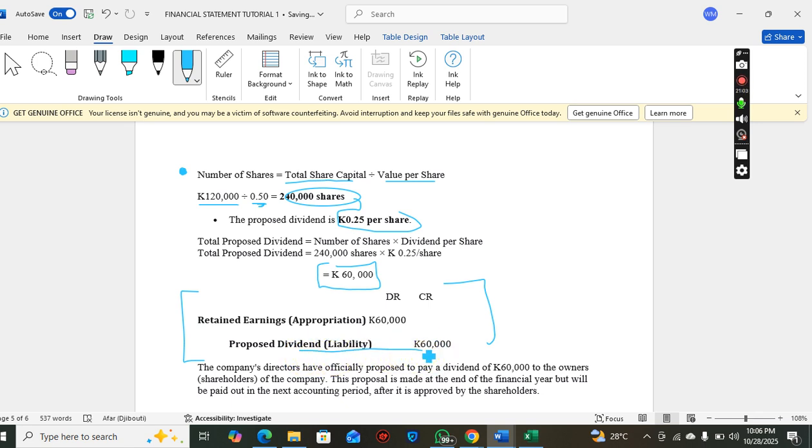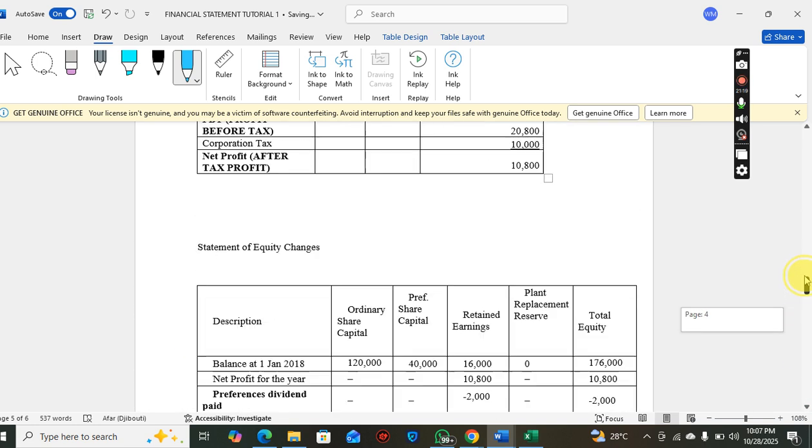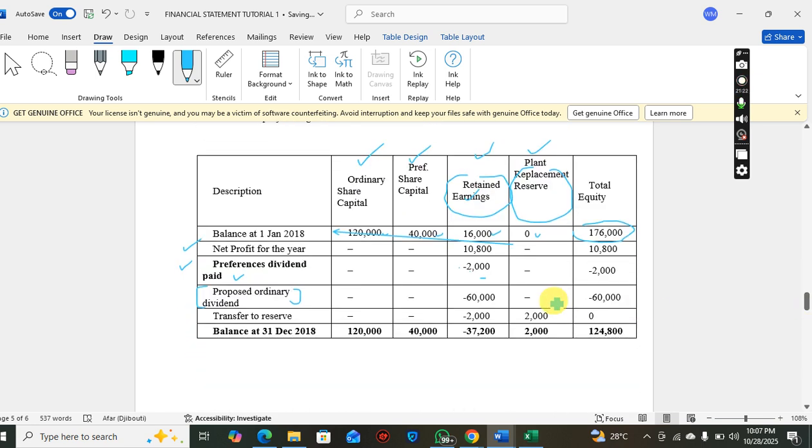It's just been proposed, so we treat it as a liability. So this 60,000 which we're proposing to pay the shareholders is coming from our retained earnings account here. As I've said, minus 60,000 here. We're taking it out from the retained earnings account. Any questions?